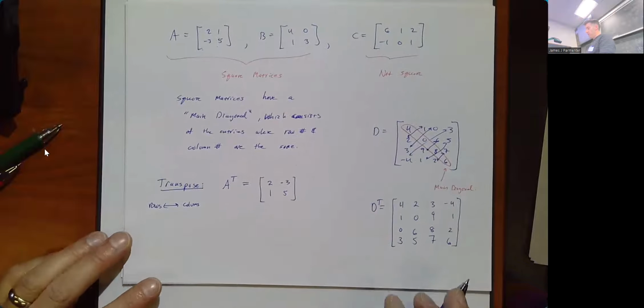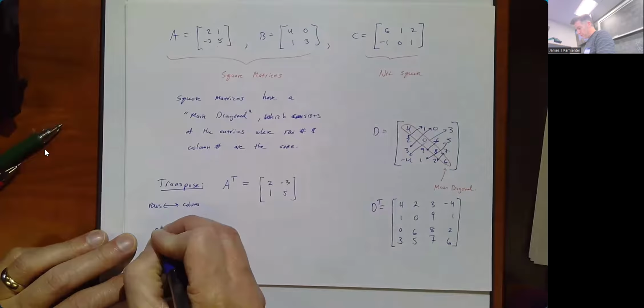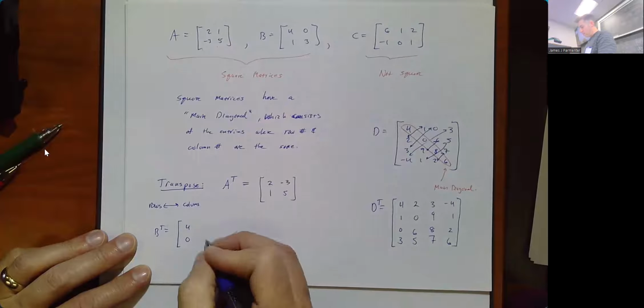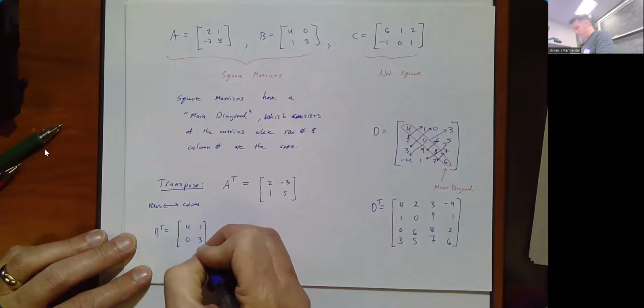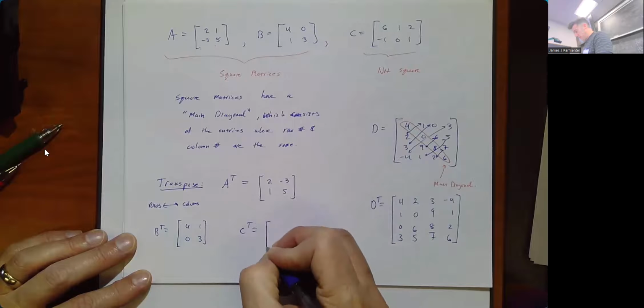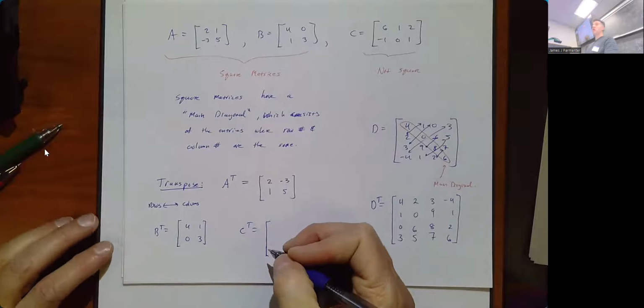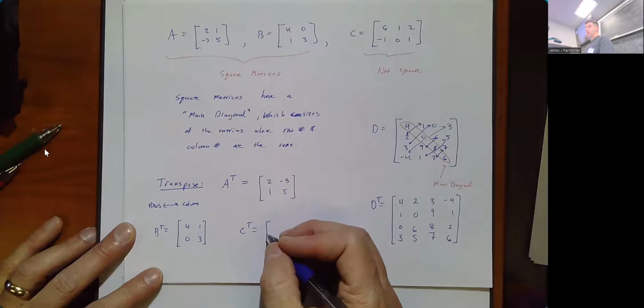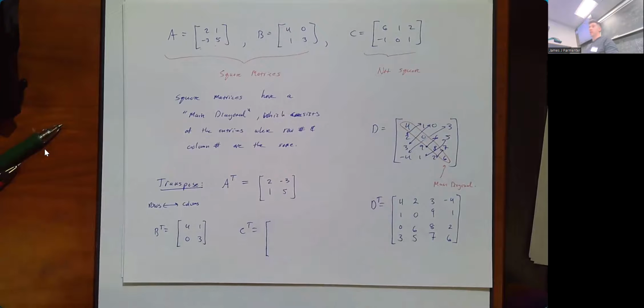So there's A transpose. B transpose is going to be 4, 0 as a column, 1, 3 as a column. And then finally, C transpose is going to be a different dimension. C transpose, instead of being 2 by 3, is going to be 3 by 2. The dimensions always interchange when you have the transpose of a matrix.